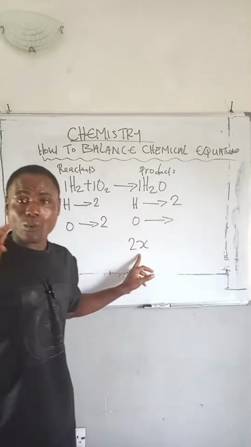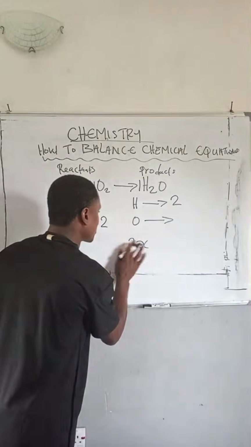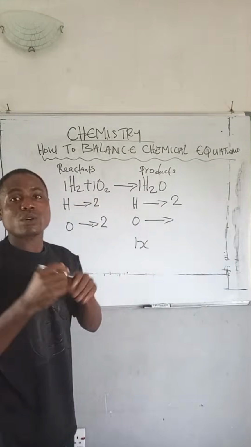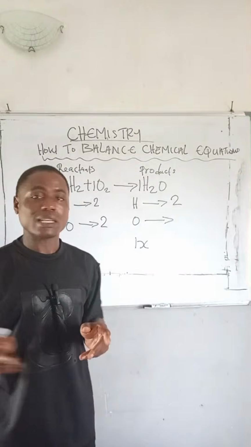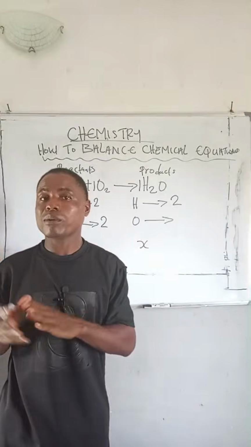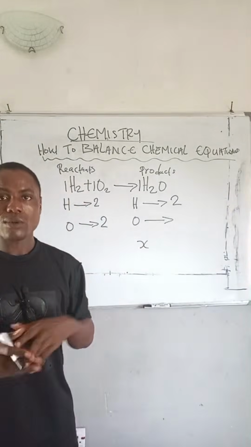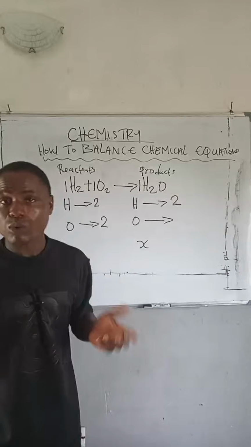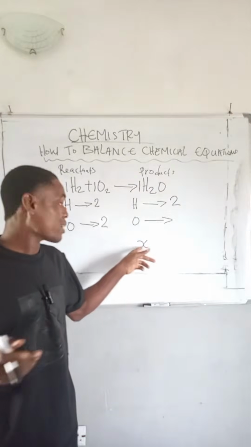But if it is 1, we just cancel. You cannot write 1x. No, it's mathematically wrong, because x alone, any single variable or any single alphabet, is already indicating 1. Because 1 times x is still x, so no need of writing the 1.